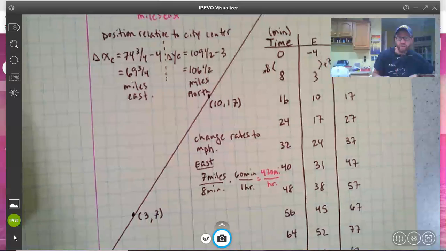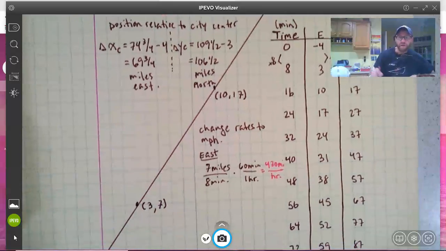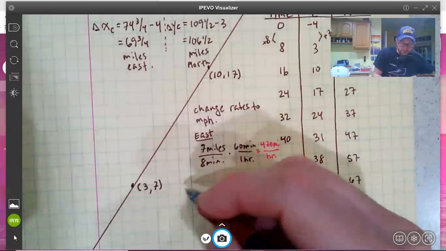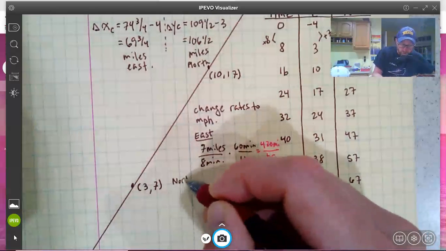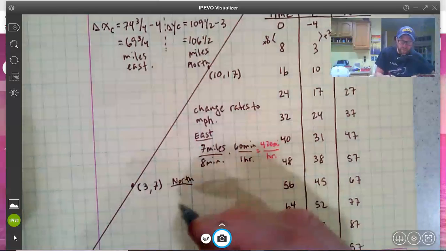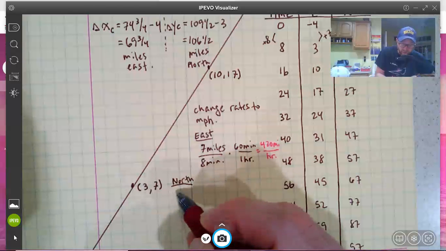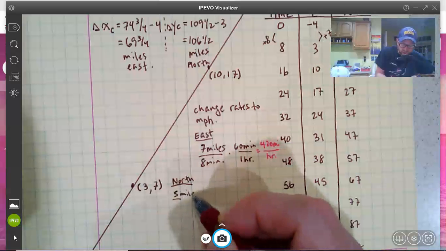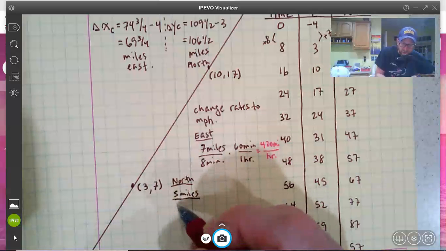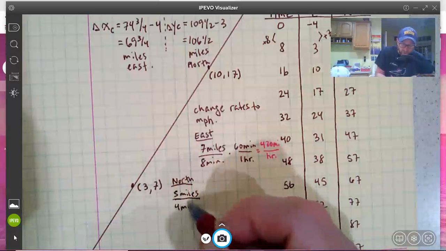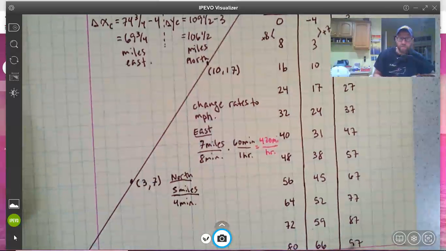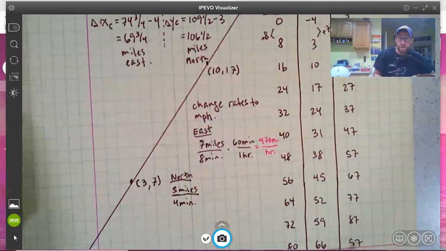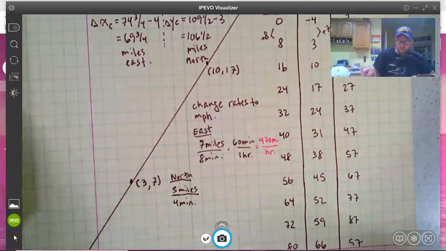Wow, that is really fast. I didn't really consider how fast this airplane would be going when I made up this problem. For north, we had 5 miles for every 4 minutes. So we want to figure out, oh, wait a minute. It's not 420. I knew something was wrong.